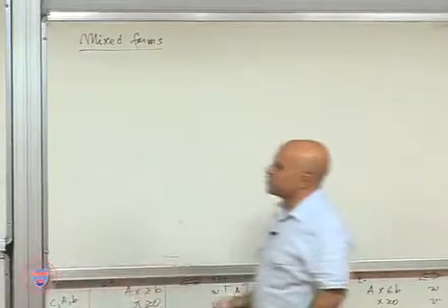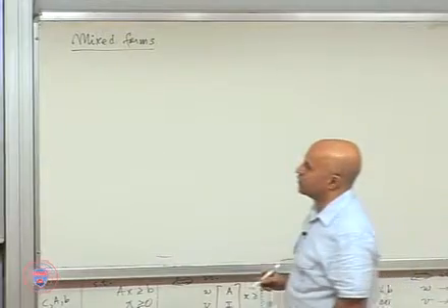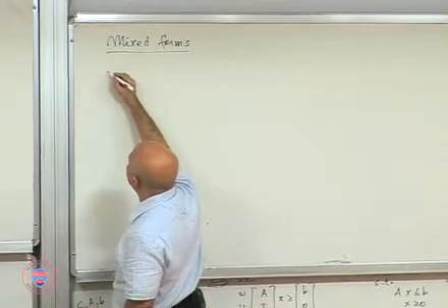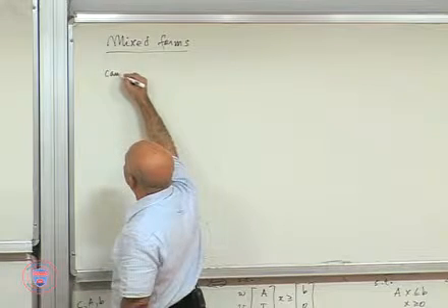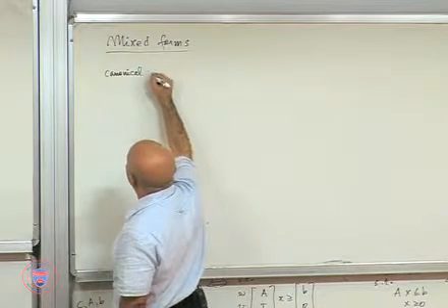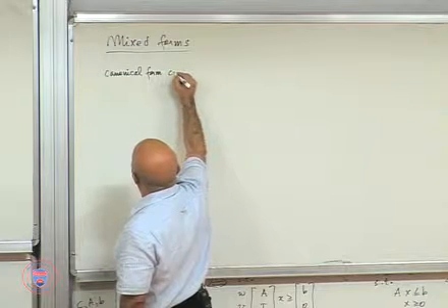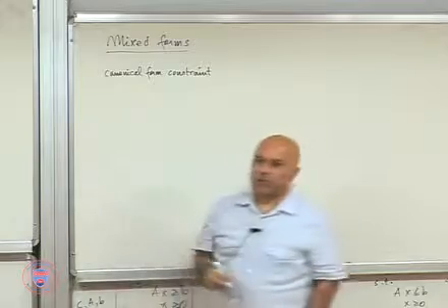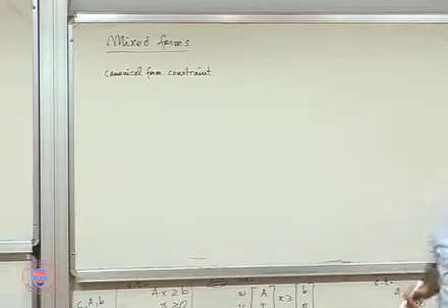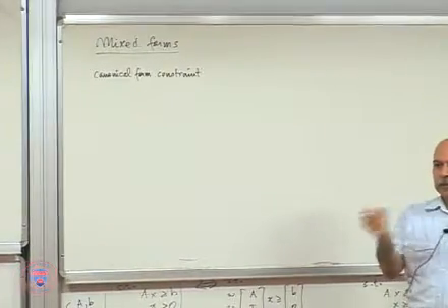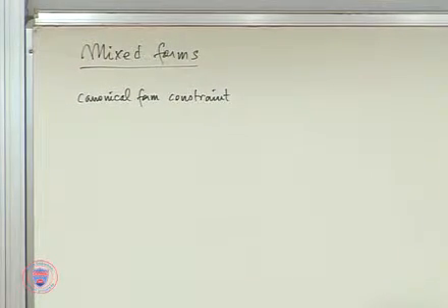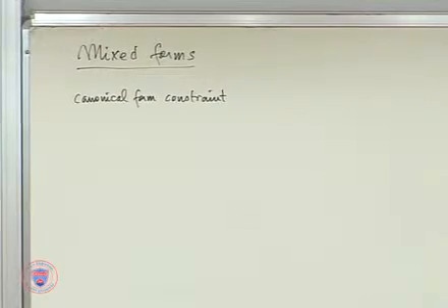For mixed forms, let me just give you a few pointers here. If you have a canonical form constraint in one problem, so we're considering primal-dual pairs. By the way, the dual of the dual is always the primal, so maybe you should make a note of that.